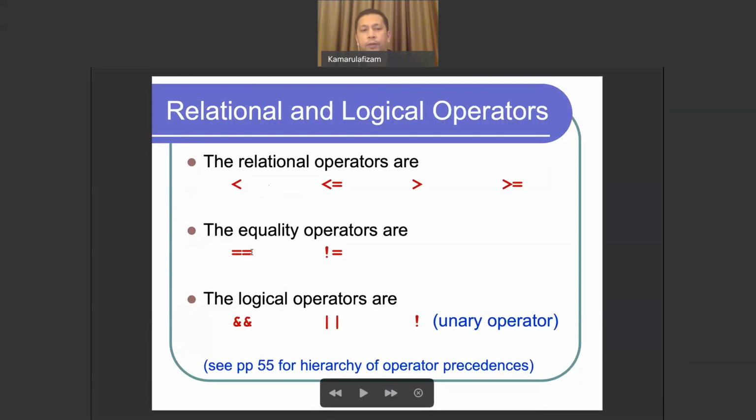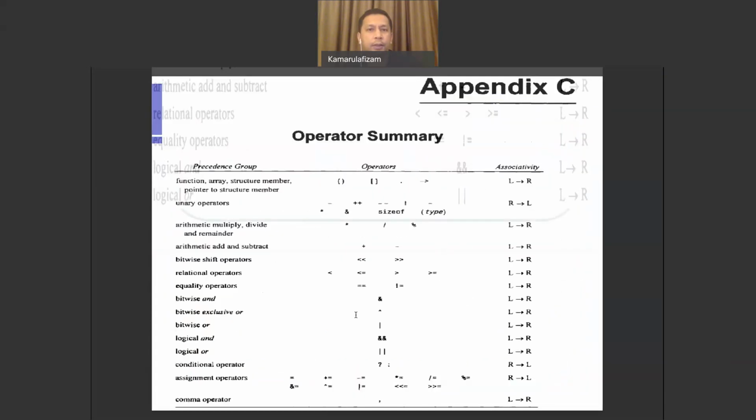If you want to check whether the value on this side is equal to the value on the other side, you can use this one. You can check equality, you can check inequality. This is the logical operator, this is and, this is or, and this is the unary operator not. Of course, we will go through these relational and logical operators in the exercises. You can read through all of this.